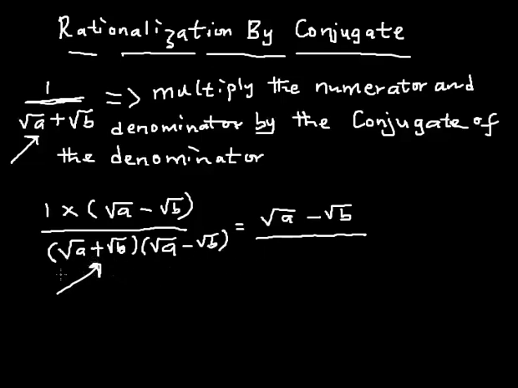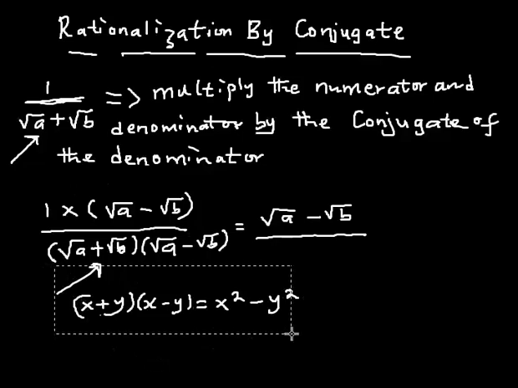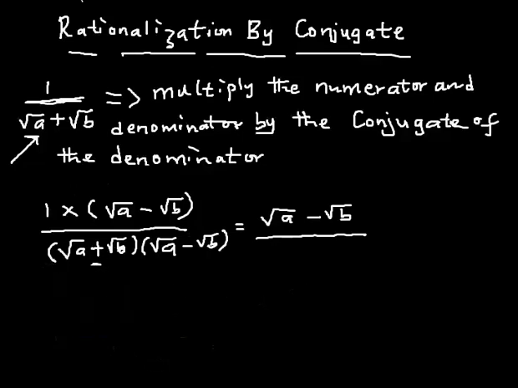It's like this: x plus y times x minus y. To expand it, simply take x squared minus y squared, the first element squared minus the second element squared. That's exactly how I will simplify this.